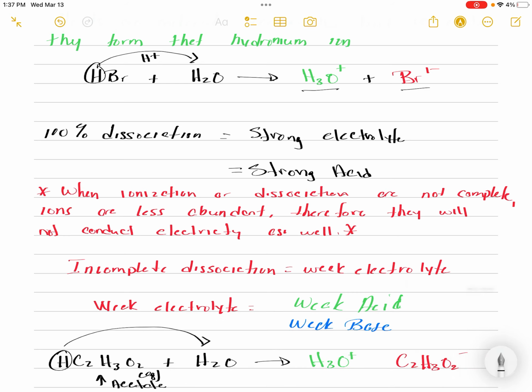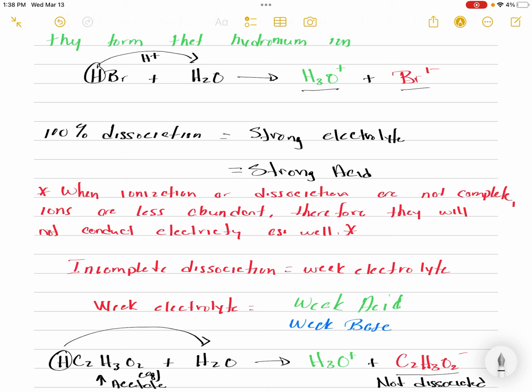Now, what you can see here is that you were able to create this positive and this negative ion, but take a look at acetate. Acetate is still mostly together, right? So this is not dissociated. Because it's not really dissociated, it's still whole as an acetate.